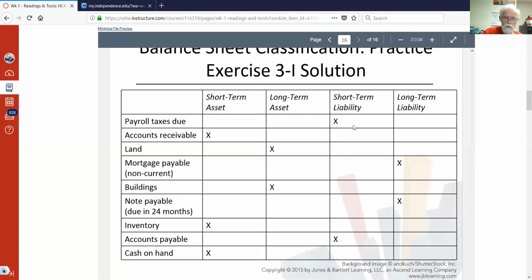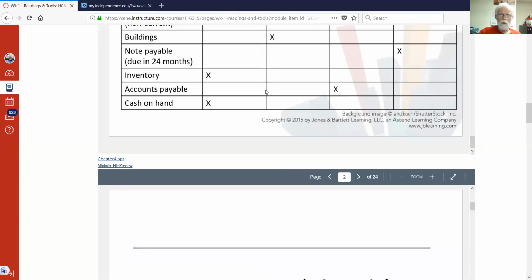Short-term liabilities are things like payroll taxes due, mortgage payable, and accounts payable. These are all short-term liabilities. Long-term are your mortgage, and the non-current means the one for this period, and then any notes payable in the next 24 months.